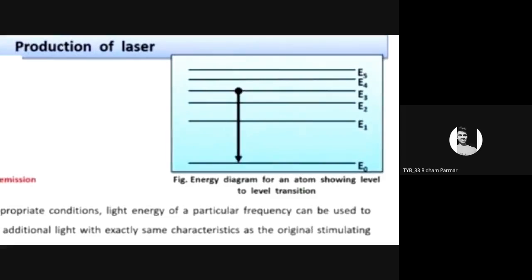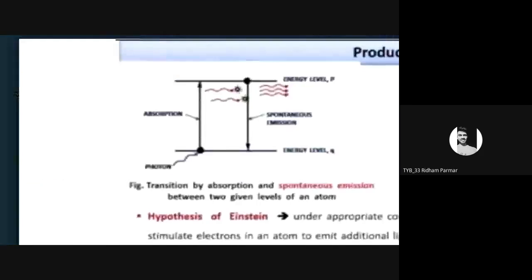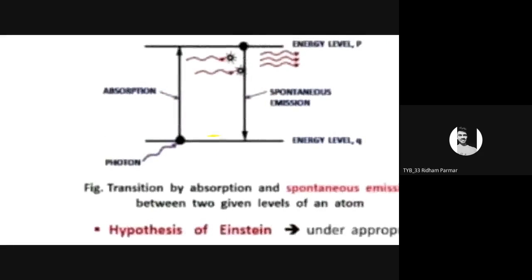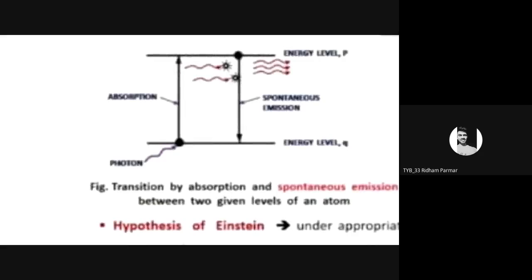So here you can see an atom is there. In this figure, when this atom is in the Q energy level, you can see this line, Q energy level, and a photon of light is falling on this atom. This photon is absorbed by that atom.